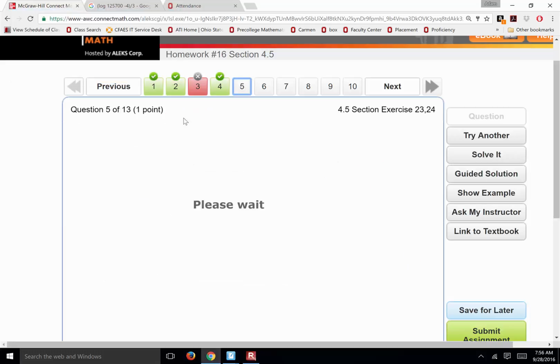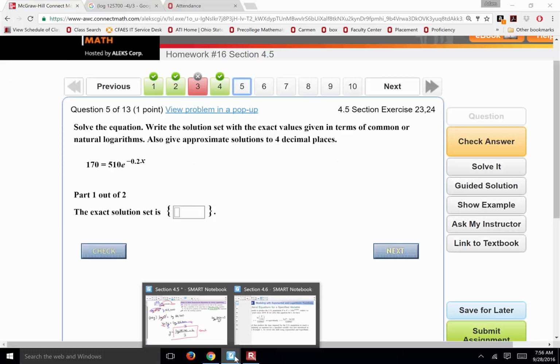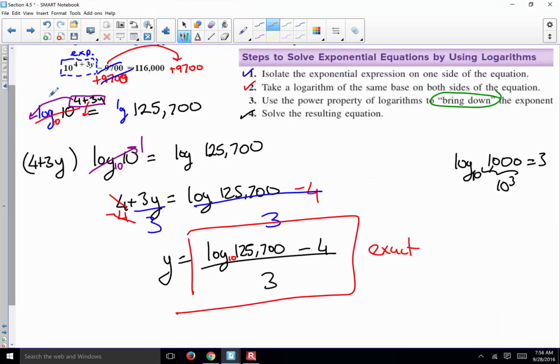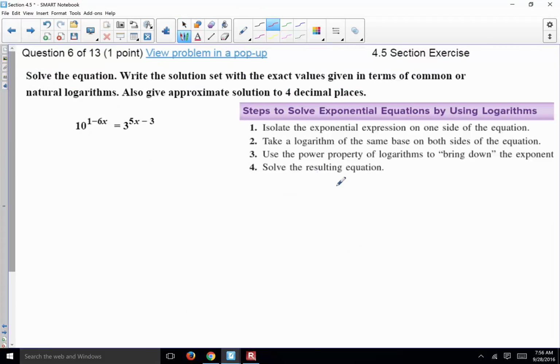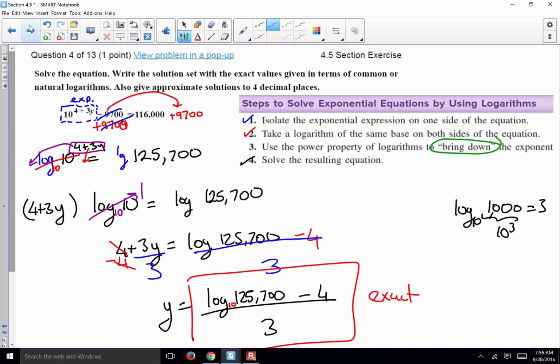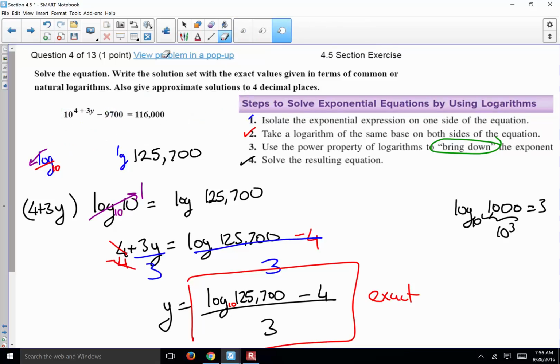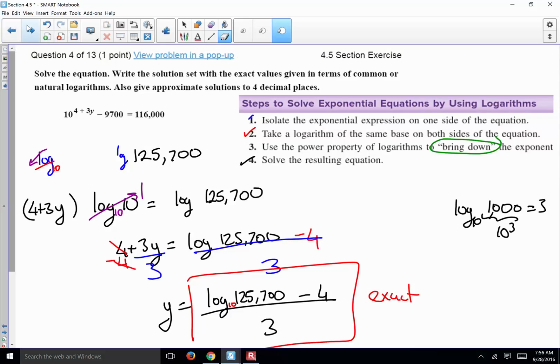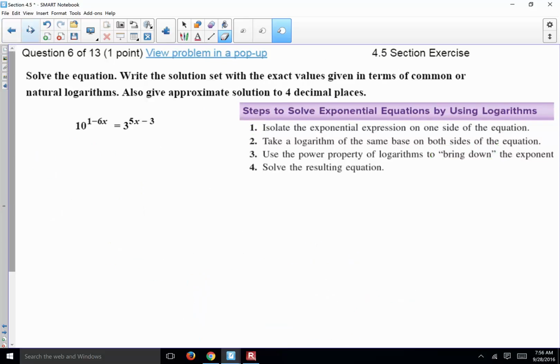Alright, moving forward, we have another exponential equation. However, what's the difference between 5 and 6? Basic difference when you compare them. Compare the equations.